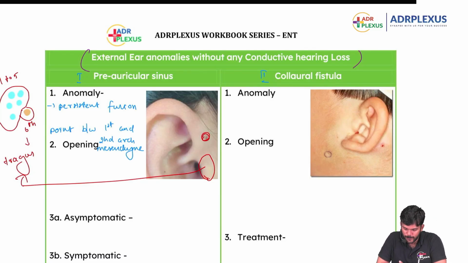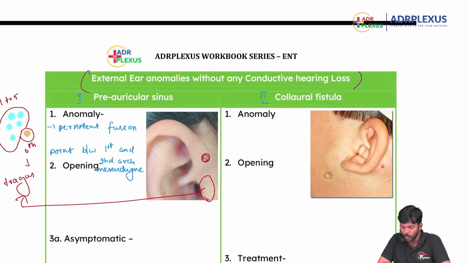Can you understand? The persistent fusion point between first and second arch mesenchyme is called pre-auricular sinus. As the name goes, it is a sinus. One end is open, another end is closed. The open end is the external opening point.